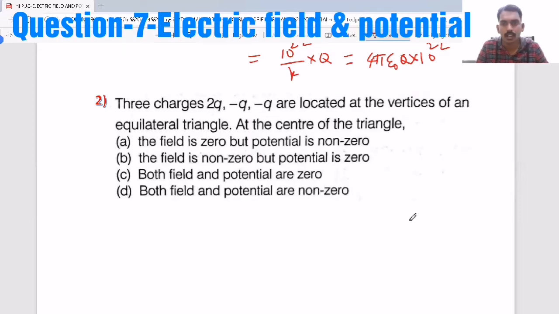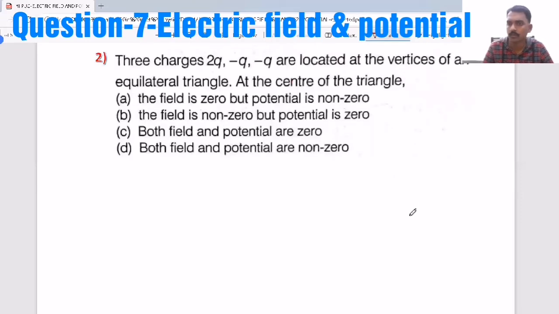So in that case, how to solve the question? Just you have to find the field at that particular point and the potential at that point due to each individual charge, and then you have to take vector sum in case of resultant electric field and just scalar sum in case of potential, because potential is a scalar quantity.